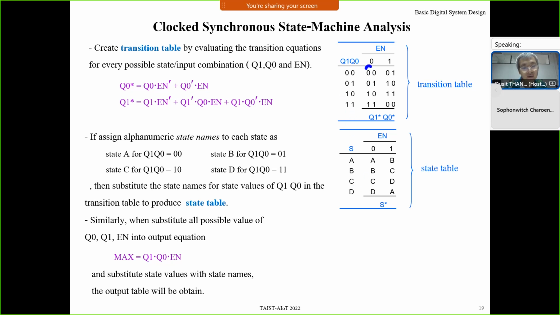That means 0, 0 means state A, so write A here. 0, 1 means state B, then write B here. Okay, and so on. So you get a new table. Let's call it the state table. Same thing. This just writes the binary value. This writes the name of the state.